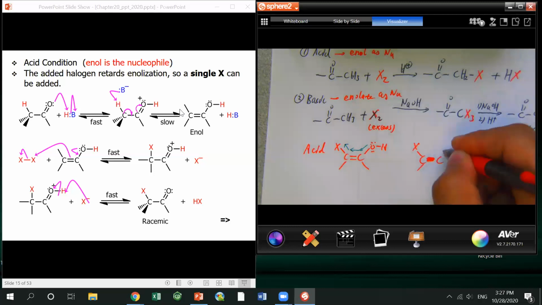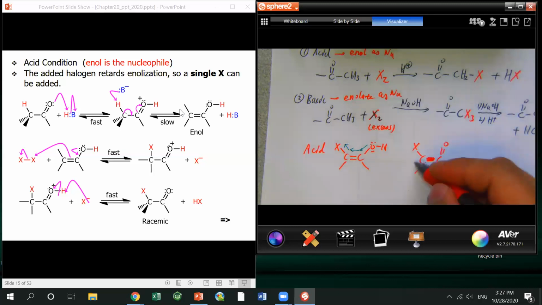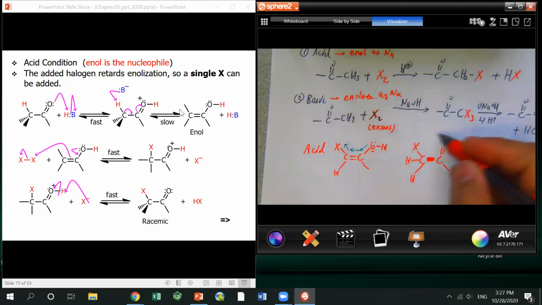The starting material should be like this, and then the oxygen picks up the hydrogen.